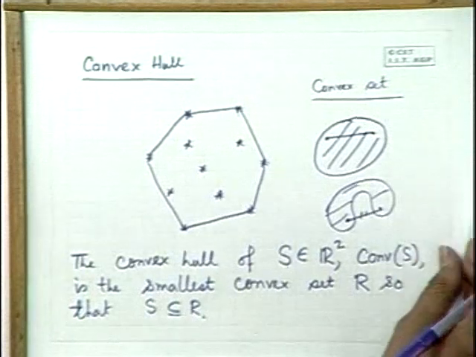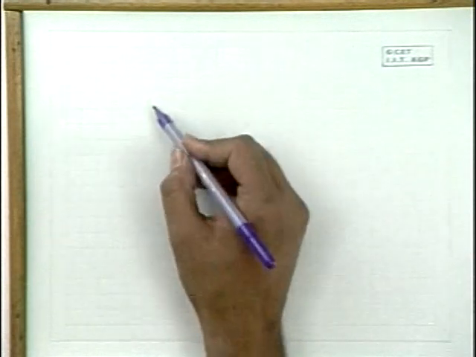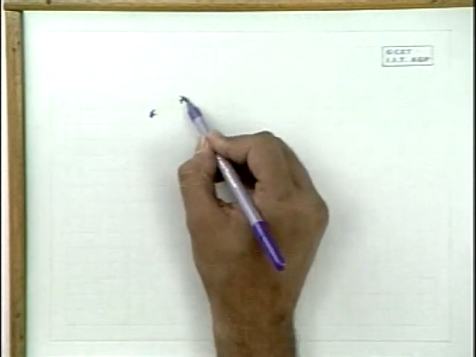So let me draw some more pictures to give you the idea of a convex hull, because it need not be so nicely symmetric. Suppose I have been given this point set.